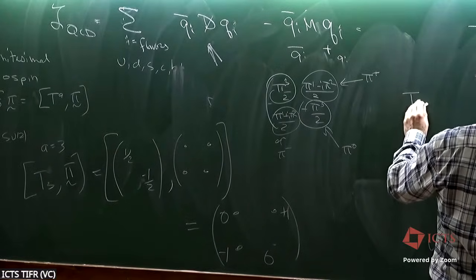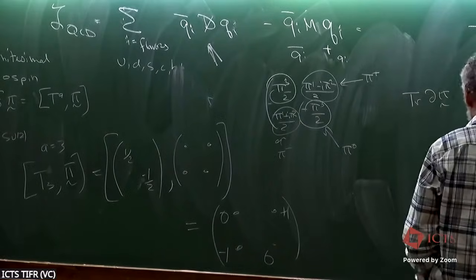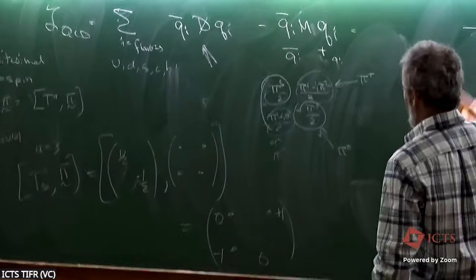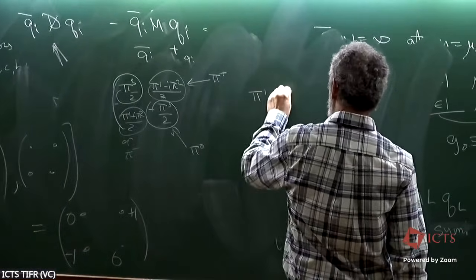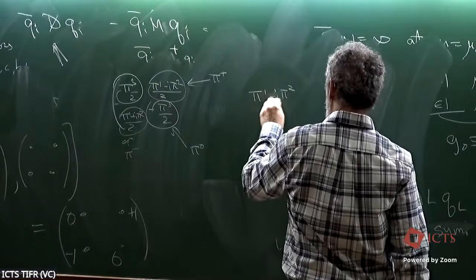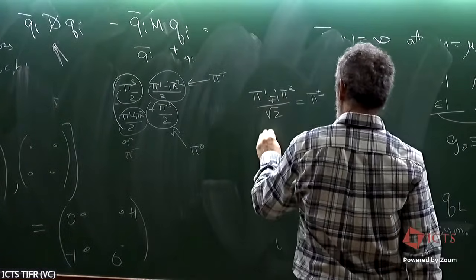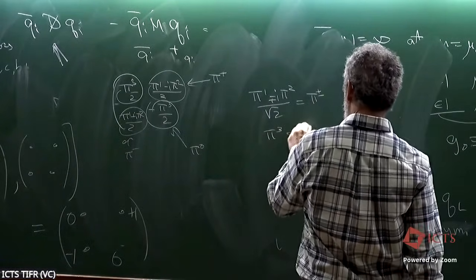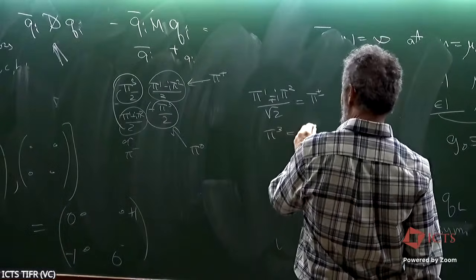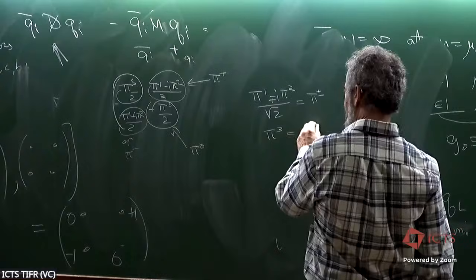So for example, if I look at trace d pi, well, if you do conventional normalization, what you do is you say that pi 1 minus I pi 2 over root 2 is pi plus minus, and pi 3 is equal to pi 0. Let me get this right.